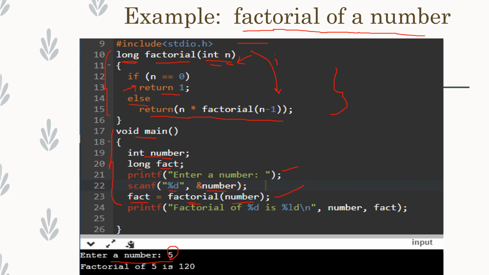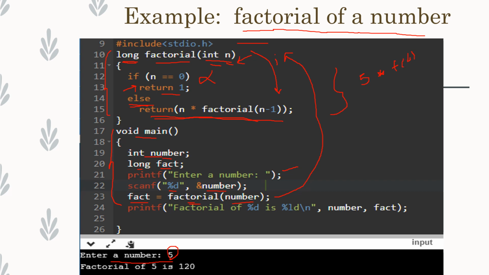So it will directly jump to the function declaration and definition. My 5 is not 0, right? So my if condition is false here. Now it will go to else, since the n double equal to 0 condition is false. In else I have mentioned return n into factorial n minus 1. That means my number was 5, so now it has to do 5 into factorial of n minus 1, that is 5 into factorial of 4.